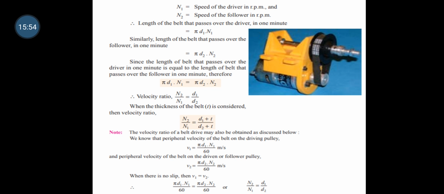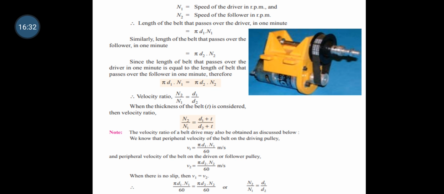Without considering slip, when there is no slip, V1 is equal to V2, where V1 is the velocity of the belt on the driving pulley and V2 is the velocity of the belt on the driven pulley. Now with V1 equal to V2, pi D1 N1 divided by 60 is equal to pi D2 N2 divided by 60. By equating this, N2 divided by N1 is equal to D1 divided by D2.